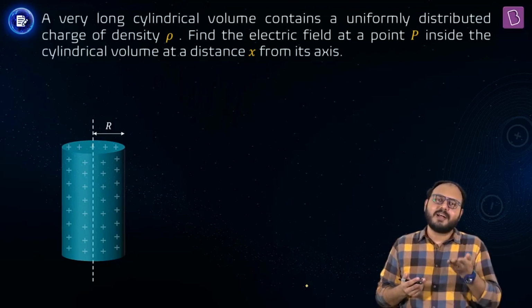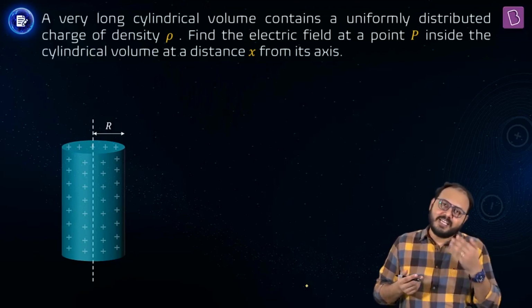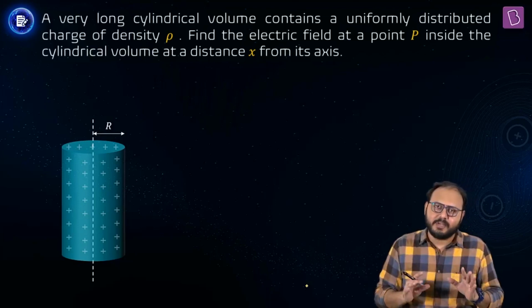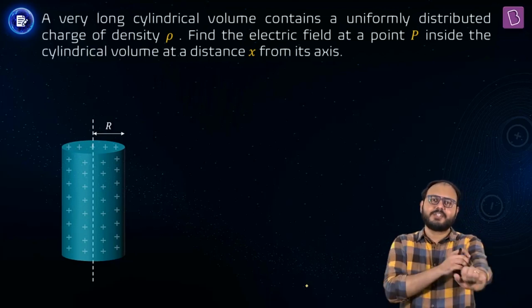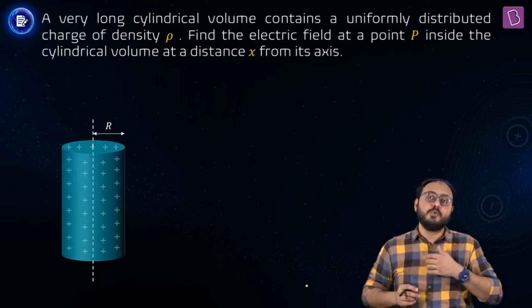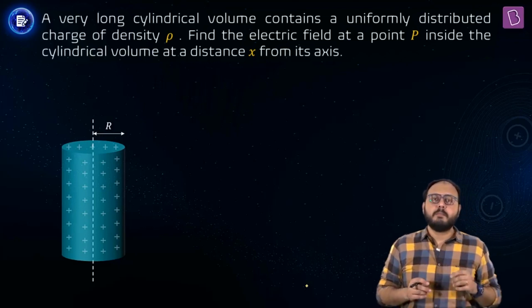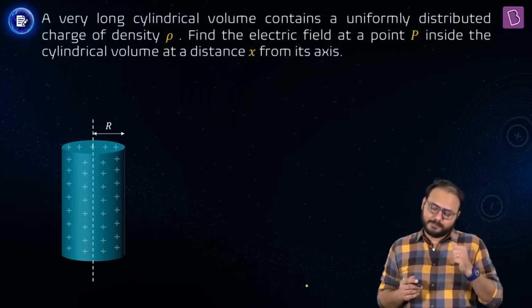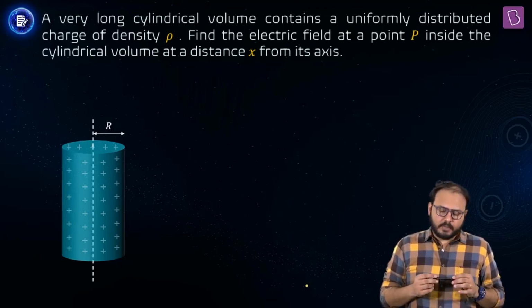Because for a solid conductor, if you give any charge, no matter where you give it, under static condition, that charge will automatically go where? To the surface. To do what? To make the field zero in the metal. Good now? Good.